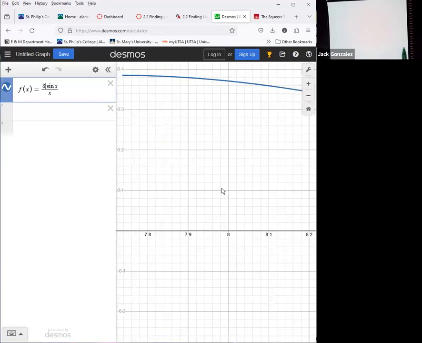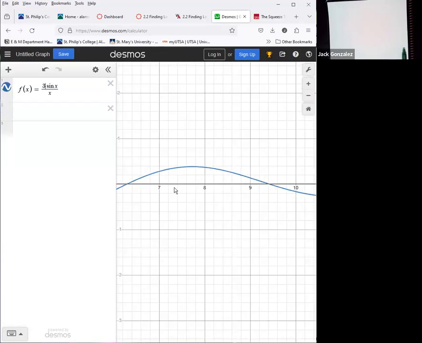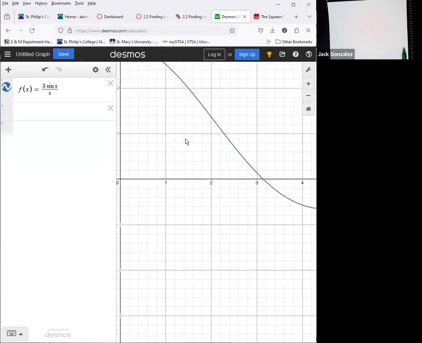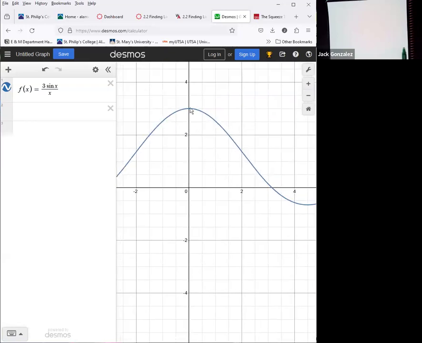All right, as we approach zero, you can see it's undefined here. But as we approach from the right side, the y value is going to, do you see the number?